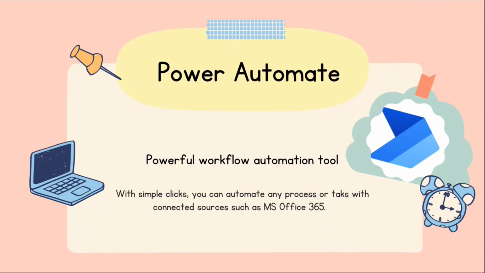Power Automate is a powerful workflow automation tool. In fact, it is a low-code platform. With this platform, you can automate any process or task in just a few simple clicks, because this tool is connected with all the Microsoft Office applications too.